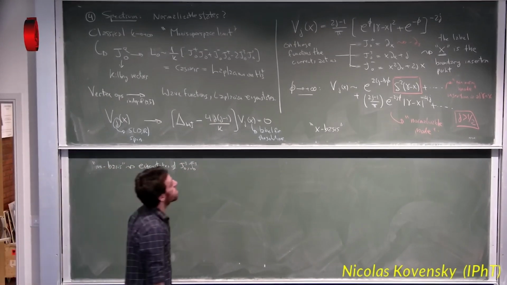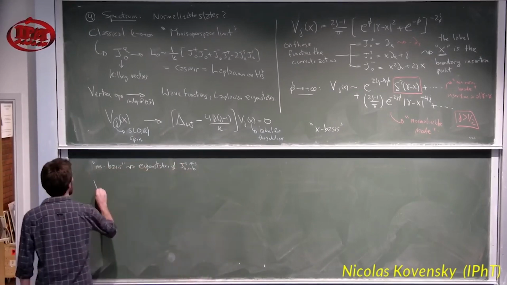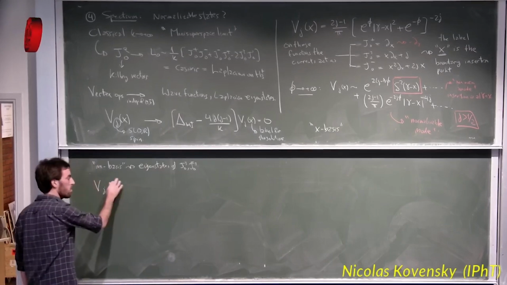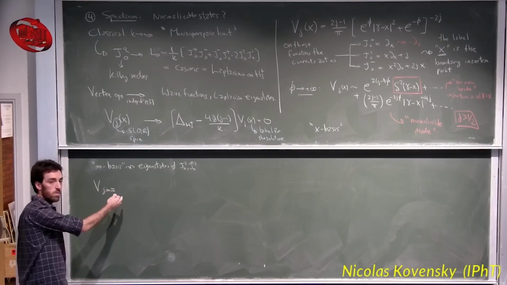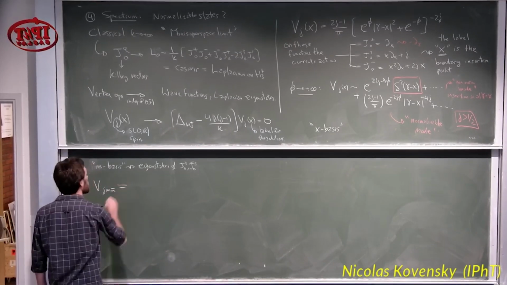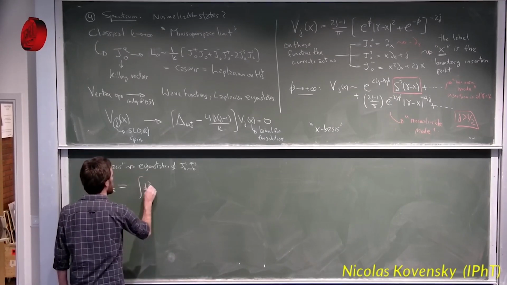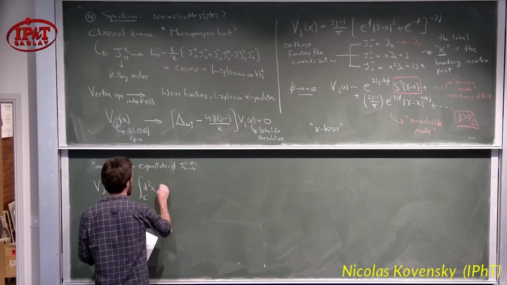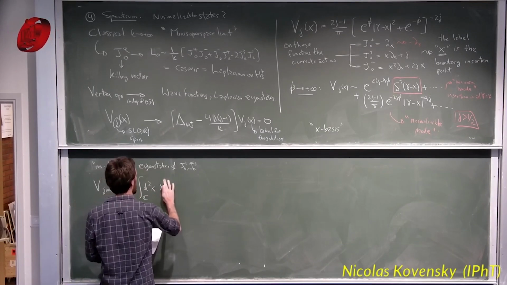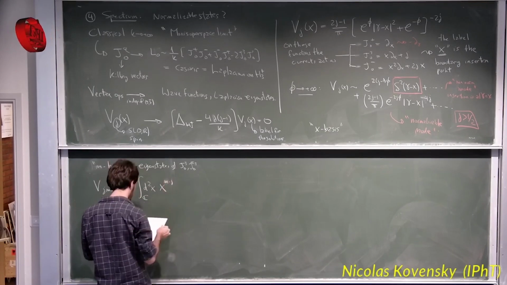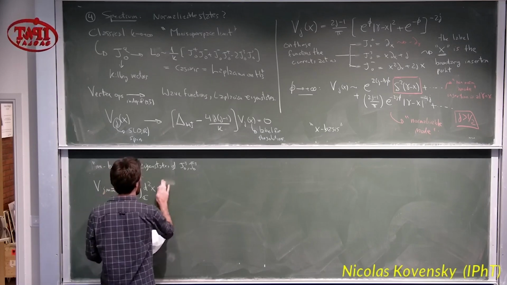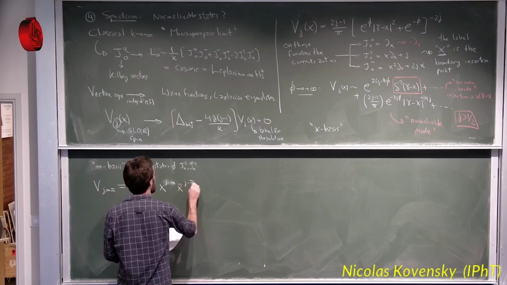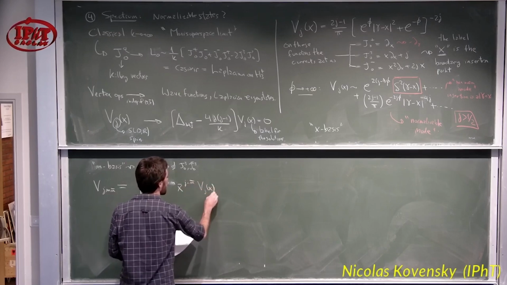And the way I do that is I take a transform, which is V_j m m bar. I'm not writing what it's a function of, but it's just a function of the target space coordinate. And the relation is given by this integral transform over the whole complex plane of x, x^(j-m), x bar^(j-m bar), okay.